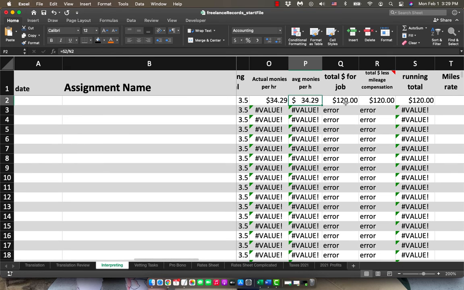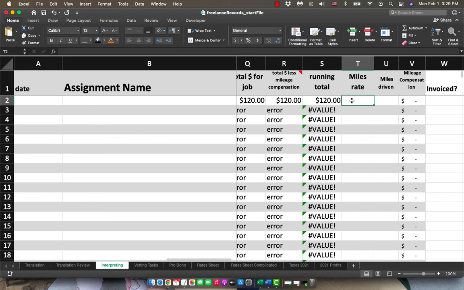I can see how much money I made, but then at least I keep track of when I get paid for miles. Everyone I've worked with so far pays for the miles you drive, so it works out really well, I think. And I keep it separate.